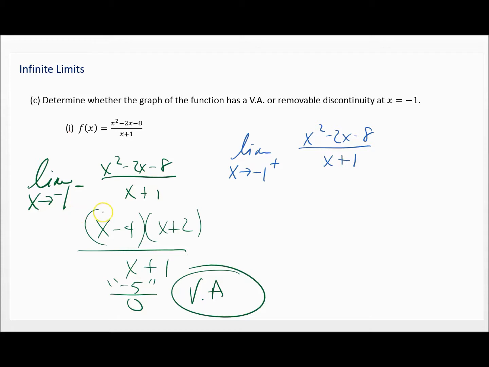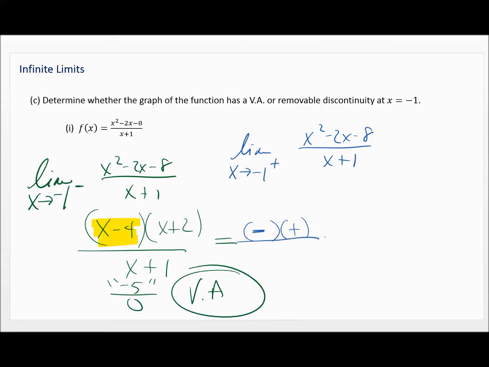If we go to -1 from the left, let's just analyze this. If I plug a number less than -1 into x - 4, that is a negative number. Do you agree? So it's a negative. How about if I plug in a number very close to -1, but on the left, so a little less than -1, and I add 2 to it, it's going to be positive.